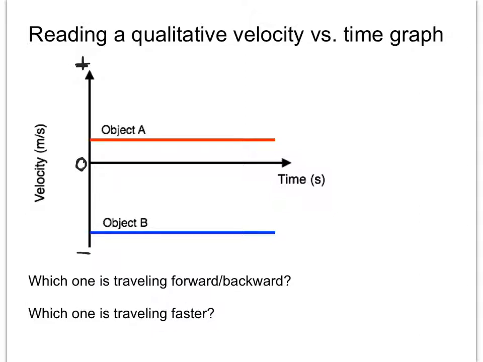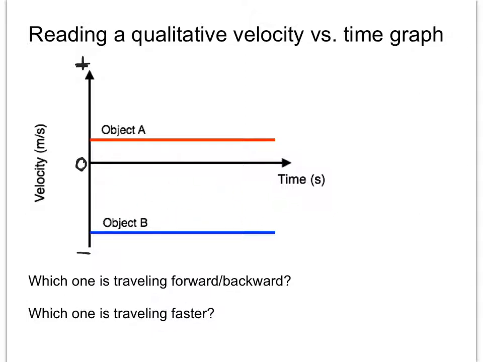So right off the bat, we can tell that object A has a positive velocity. Why? Because it's above the time axis. And meanwhile, object B has a negative velocity because it's below the time axis.